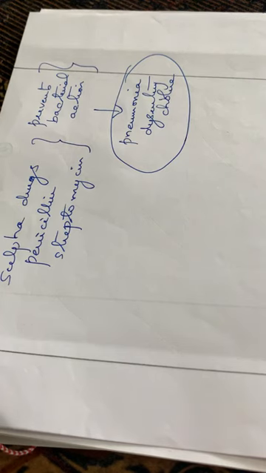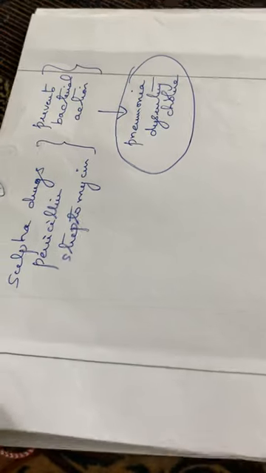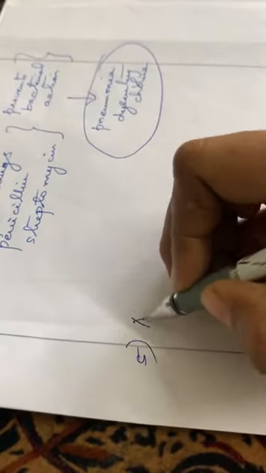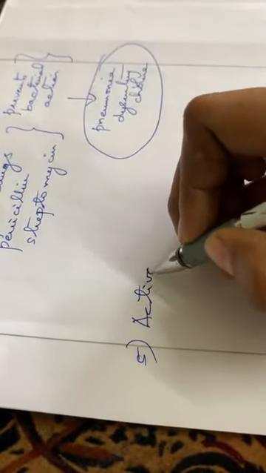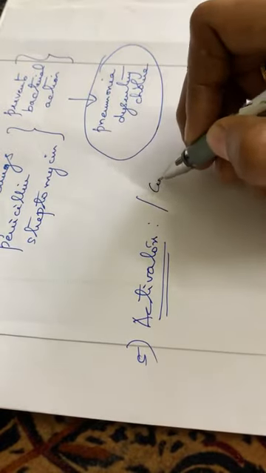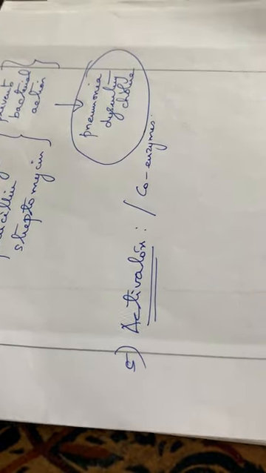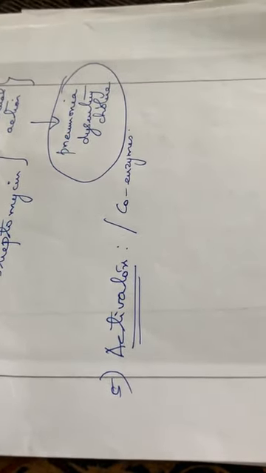Then the next point is activators or coenzymes. The word activator itself means it will activate the action of enzymes. Some metal ions promote the activity of the enzymes.